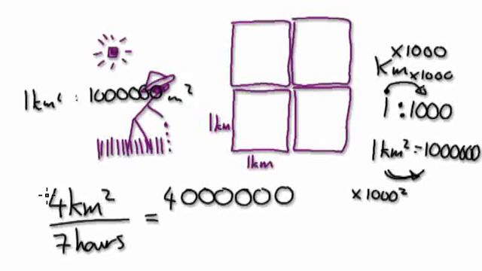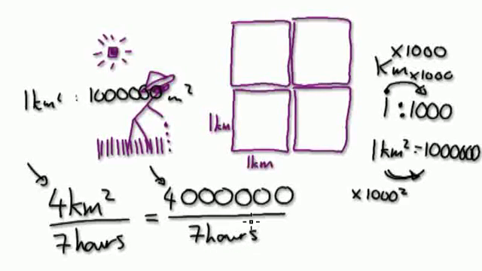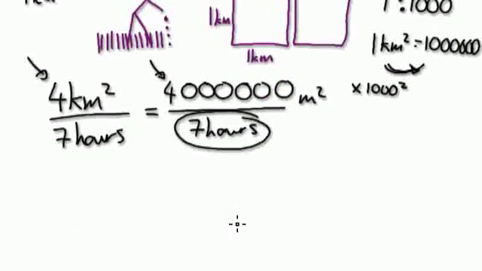Now we've got 4 kilometers here, so now we've got 4 million meters squared. Okay, let's leave the hours as it is for the time being. So now this is meters squared, which is good because our aim is to get it into meters squared per second.